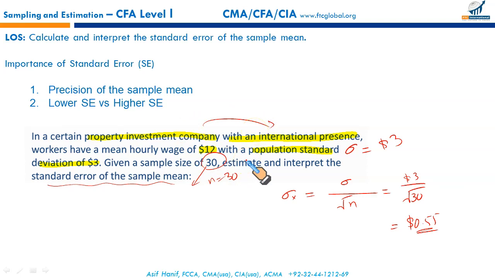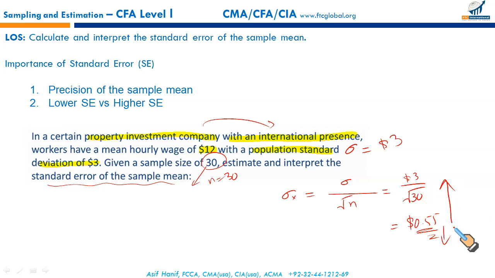So this number tells us that this is the level of precision in our computation, right? We can assume that the precision level is $0.55. The higher this number, the less precise it is. If this number is smaller, it means it is more precise.